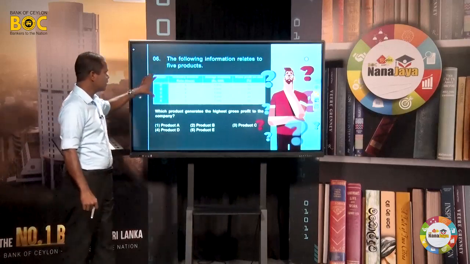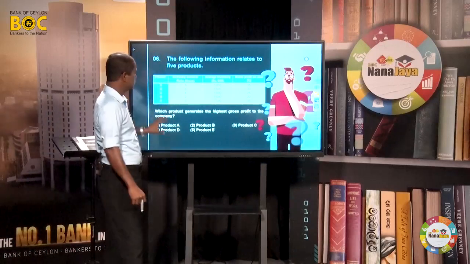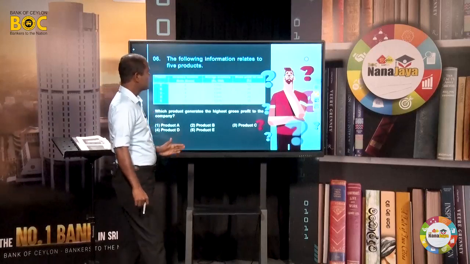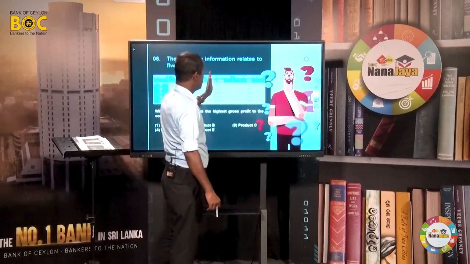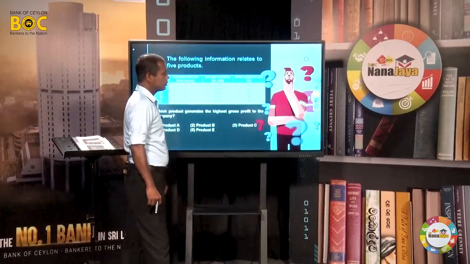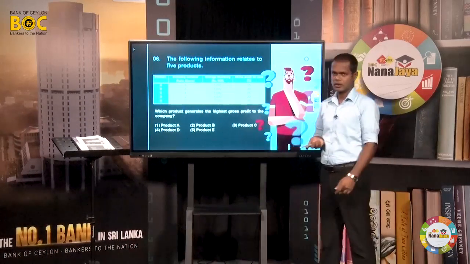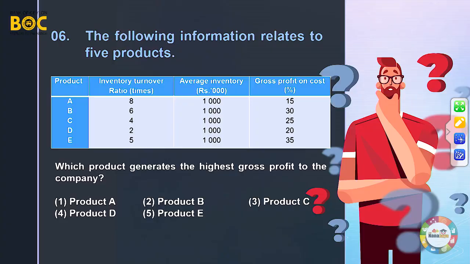You have sufficient details: the inventory turnover ratio, average inventory, and gross profit on cost, where on cost means cost of sales.